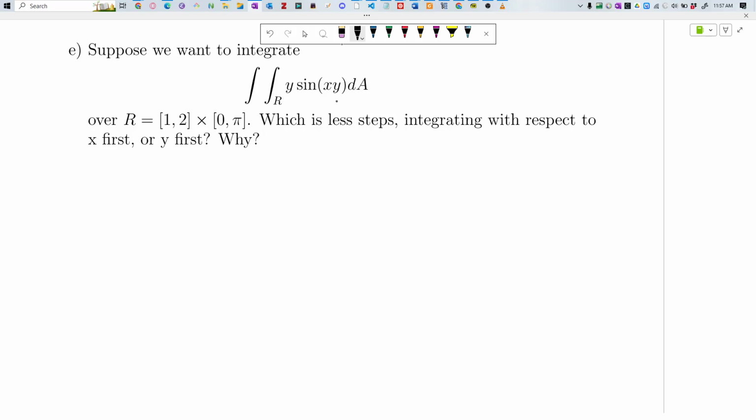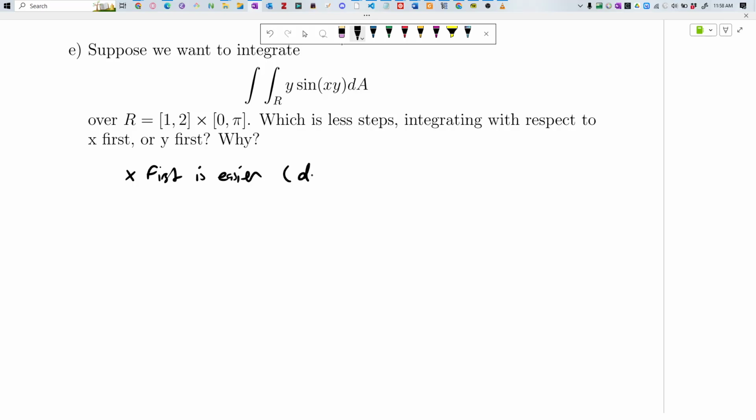So, what do you mean by first? I'm going to take first to mean the inner integral. So x first is easier.